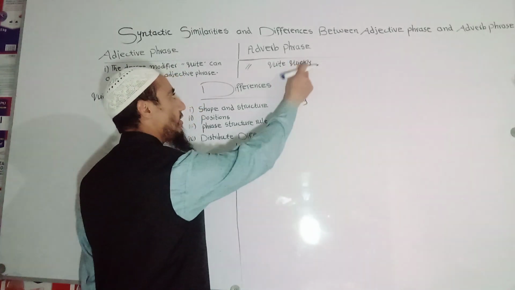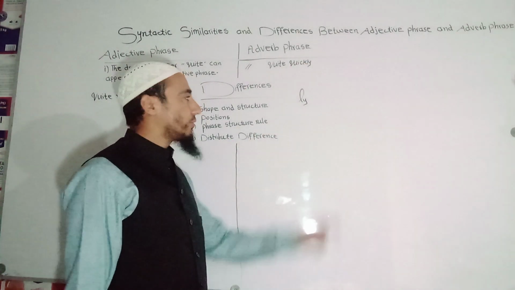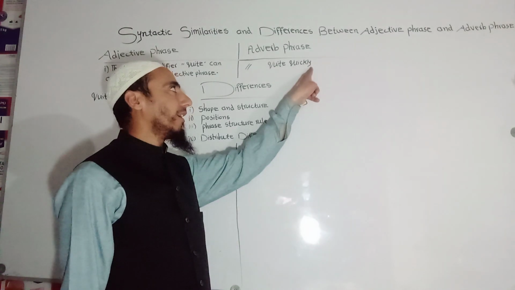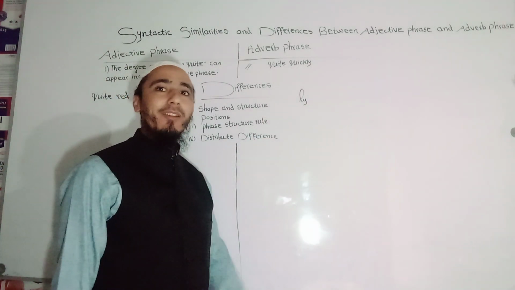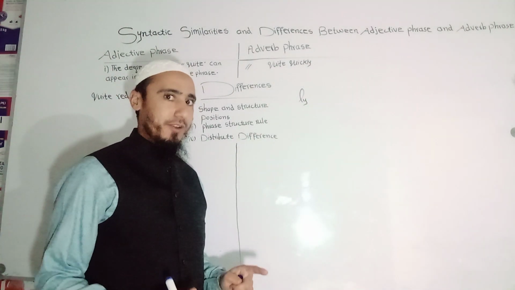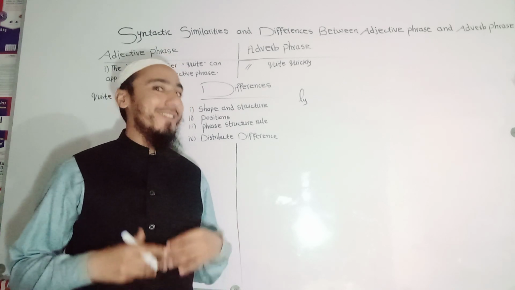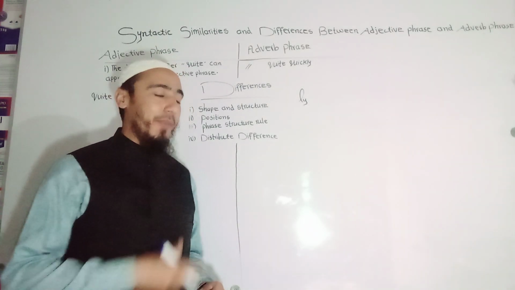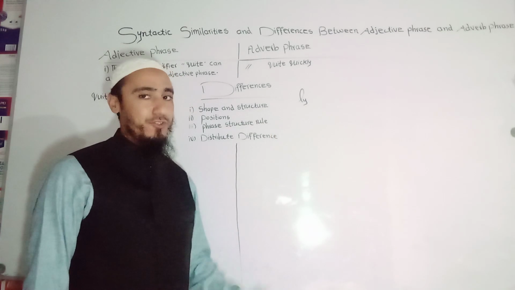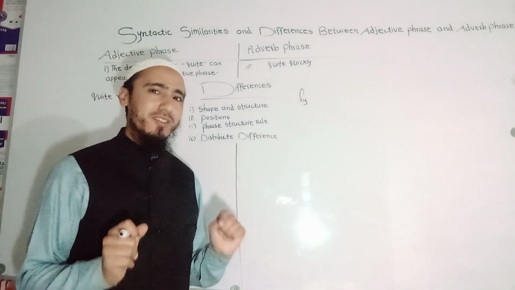Like we say, quickly. Here quickly ends in ly. This is one difference. However, there are some adjectives as well that end in ly, but not most of them, just some of them.